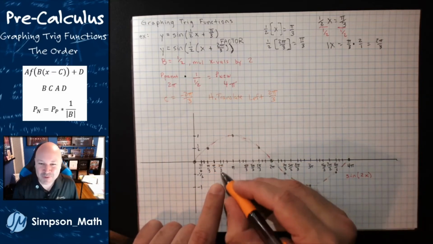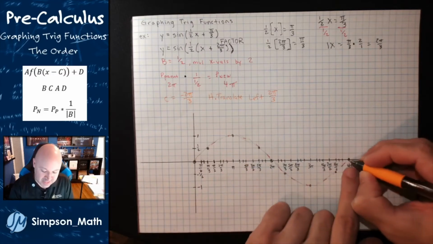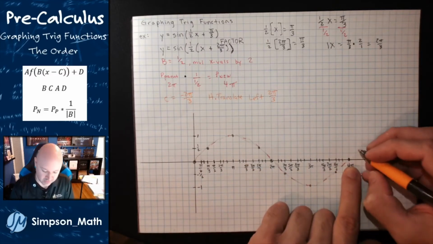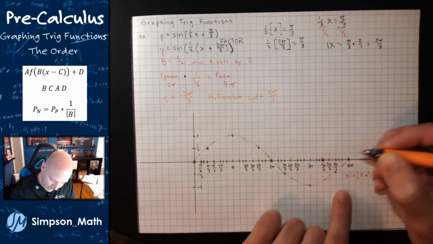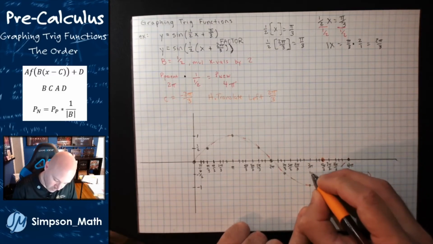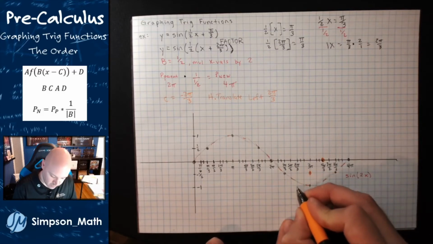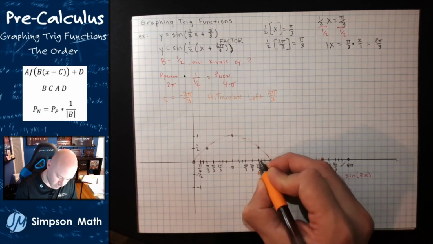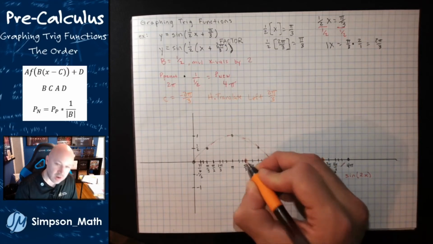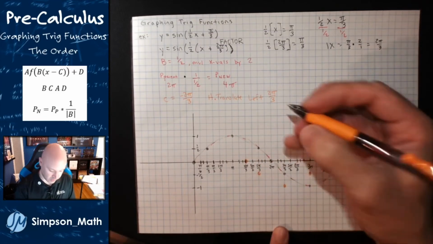But on mine, 2 pi/3 is 4 squares. So I'm simply going to take these points and move them left 4 squares. Not 4 tally marks, but 4 squares.